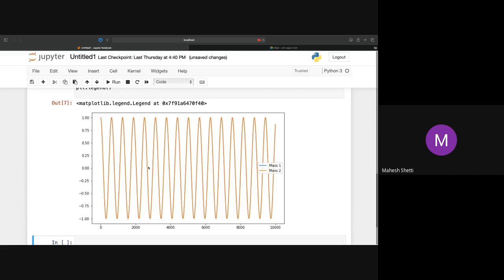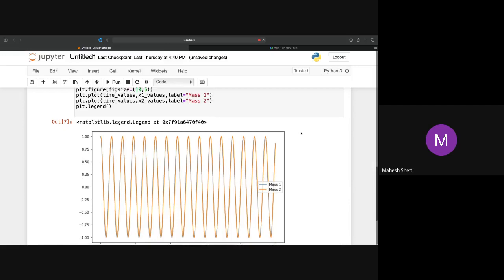Now both have overlapped and you can count how many oscillations there are. 1, 2, 3, 4, 5, 6, 7, 8, 9, 10, 11, 12, 13, 14, 15, and 16. So this is completing a smaller number of oscillations. That was 17; this is completing 16.